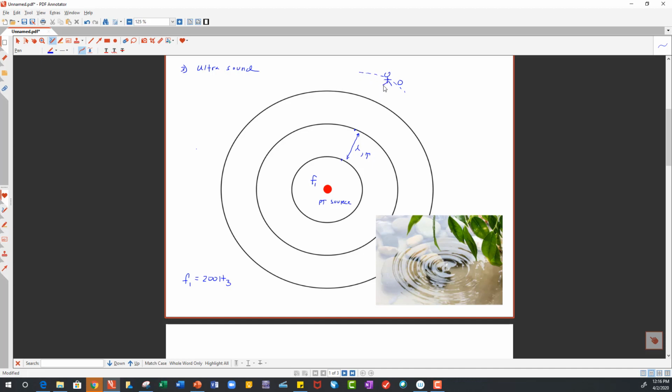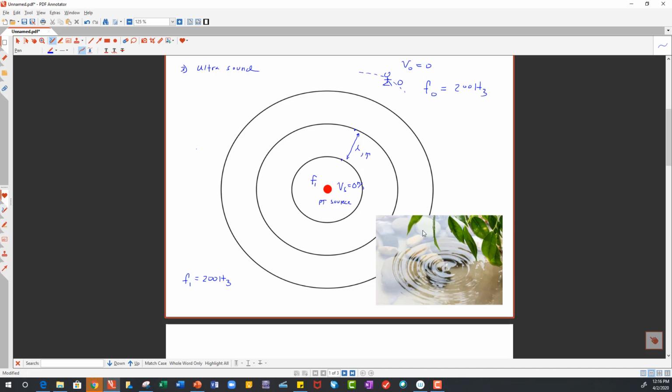And the frequency you're going to hear it, if you're stationary, that means the velocity of the observer is 0, and the velocity of the source is 0 meters per second. So both the source of the sound energy and the observer are not moving, then you would hear the sound at the same frequency as the source emitted. At the observer, you would also hear 200 hertz. And that kind of makes sense.